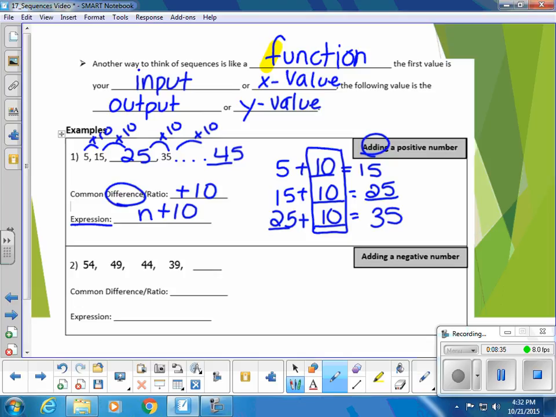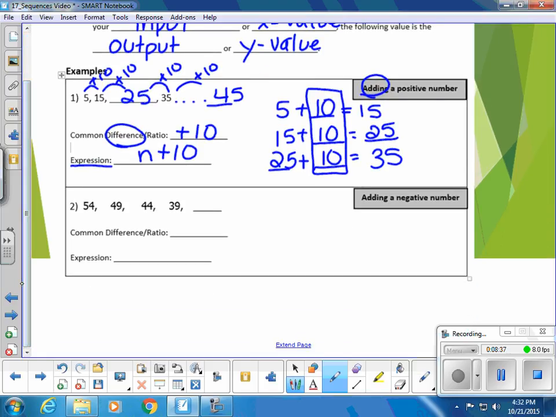Okay, what happens if I add a negative number? Remember, adding a negative is the same as subtraction. So let's look at this. I started at 54.